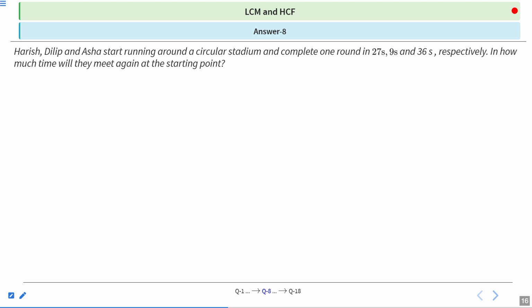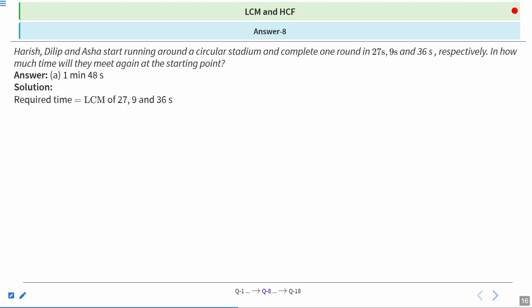So, Harish, Dilip, and Asa were running in a circular stadium, and their respective time of completing one round is given to us. We have to find in how much time they are going to meet again at the starting point. The answer to this question is option A, 1 minute 48 seconds. Now let's have a look at the solution.